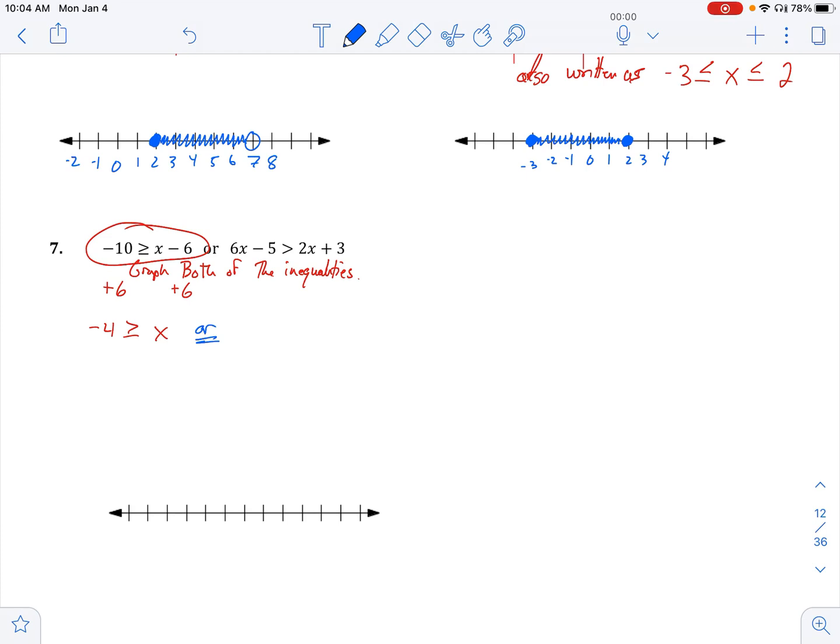And then we have or. I'm going to need to solve this one. So I'm going to work to put my x's on the same side. So I'm going to subtract 2x. 6x minus 2x is 4x. Subtracting 5 is greater than 3. I'm going to add 5 over to isolate my 4x. I'm going to divide by 4. And we get here x is greater than 2.